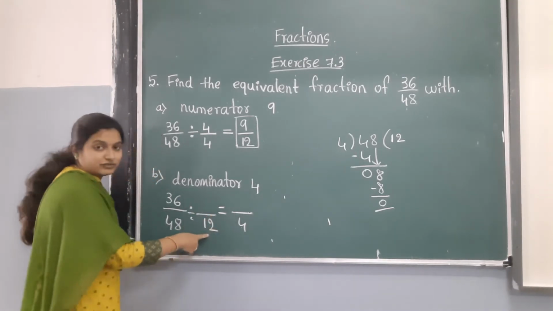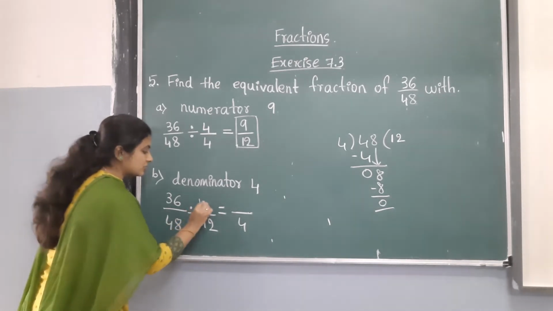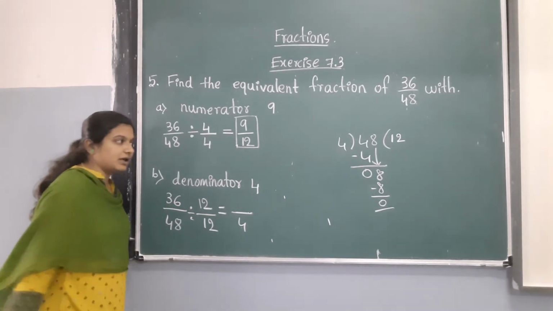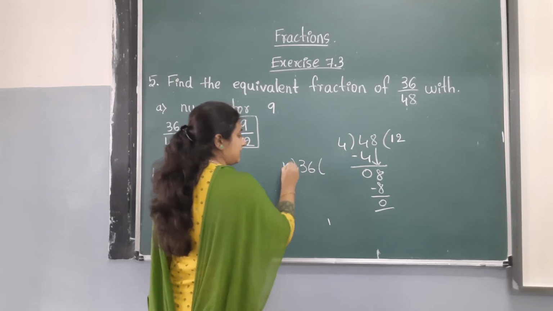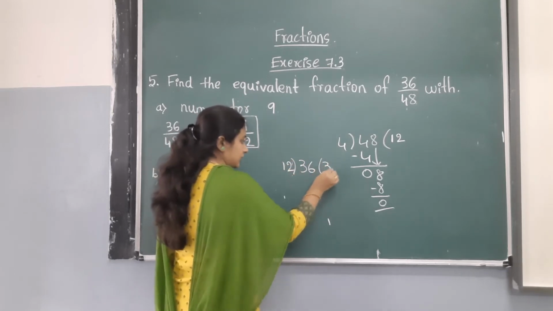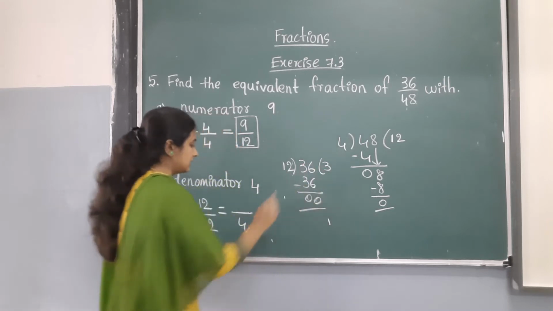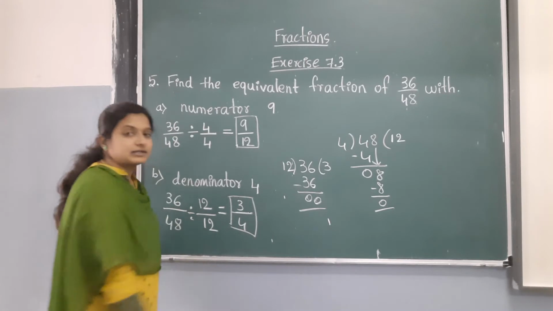Which number you have taken down, the same number you must take up also. So 36 divided by 12. Do rough. 36 divided by 12. 12 threes are 36. So what is the answer? 3. 3 by 4 is the answer.